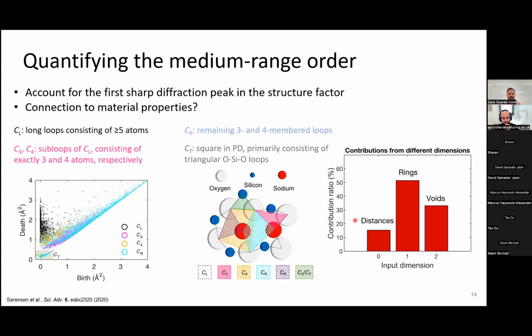So we've been doing a little bit of that, but I still think there's a lot to be done in this field, in understanding the advantages and also the limitations that for sure are there with this type of approach of using topological data analysis.